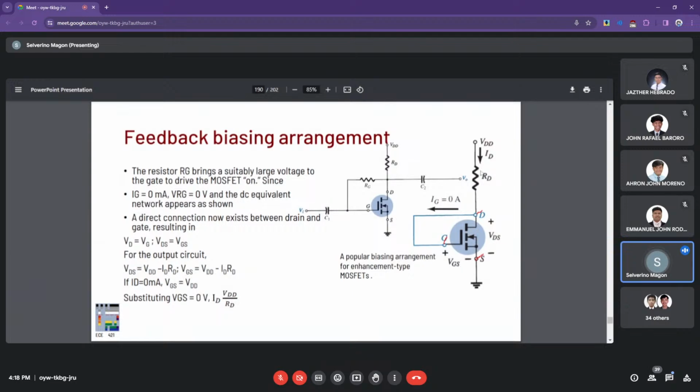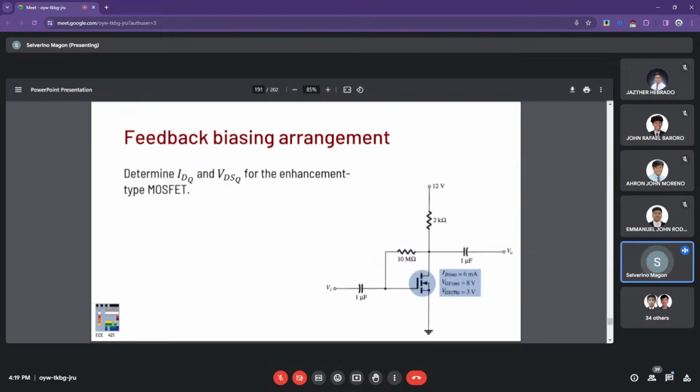Substituting VGS equal to zero, in this case we have ID should be equal to VDD over RD, right? So there should be an equal sign right here. So I'm going to make some corrections to these slides now.